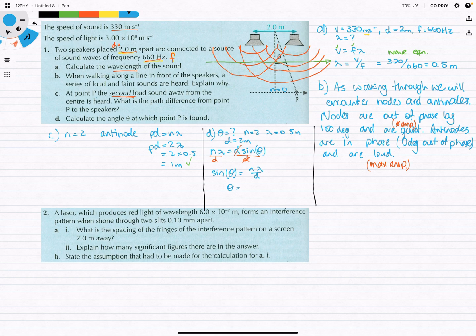Theta equals inverse sine of n lambda over d, which equals inverse sine of 2 times 0.5 divided by d, which was 2 meters, equals 30 degrees.